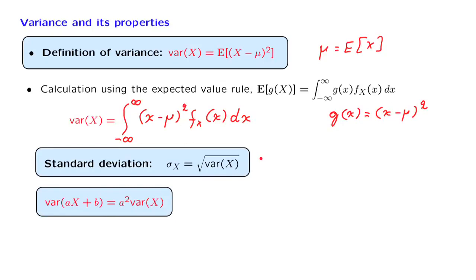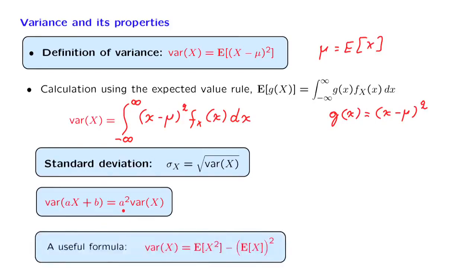We also define the standard deviation the same way as in the discrete case. We have a property about the variance of linear functions of a random variable, namely that if we add a constant to a random variable, this has no effect on the variance, but if we multiply a random variable by a constant, the variance gets multiplied by the square of that constant.